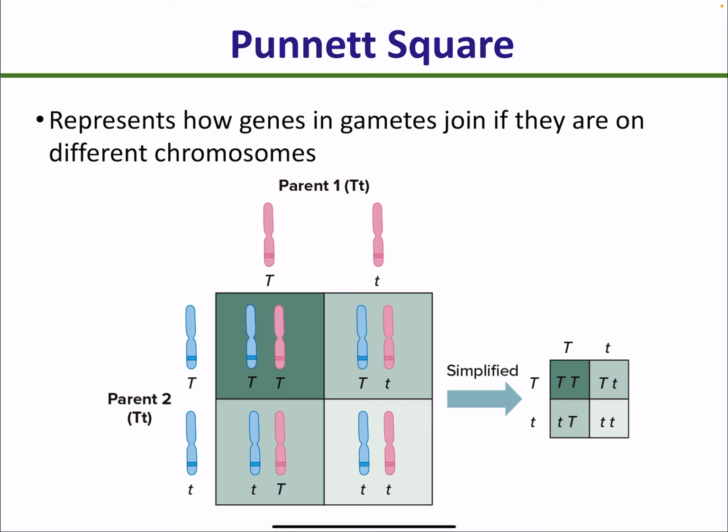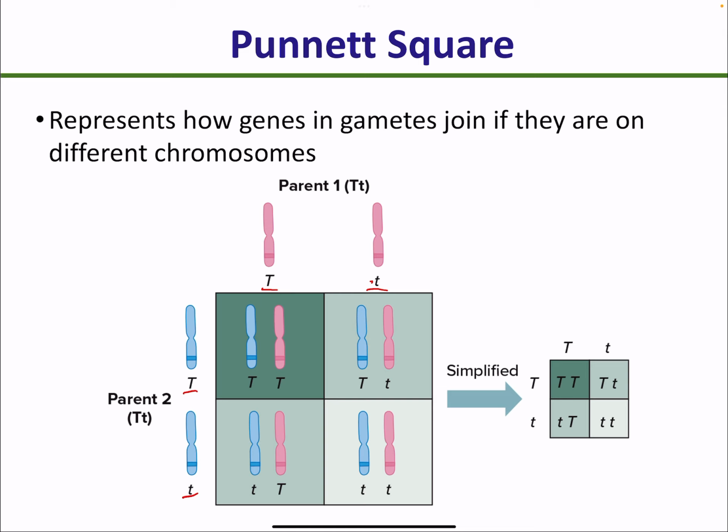Say we are starting with parents who are heterozygous. So we have this parent that is capital T, lowercase t here. That's parent 1. And parent 2 is also heterozygous, capital T, lowercase t.